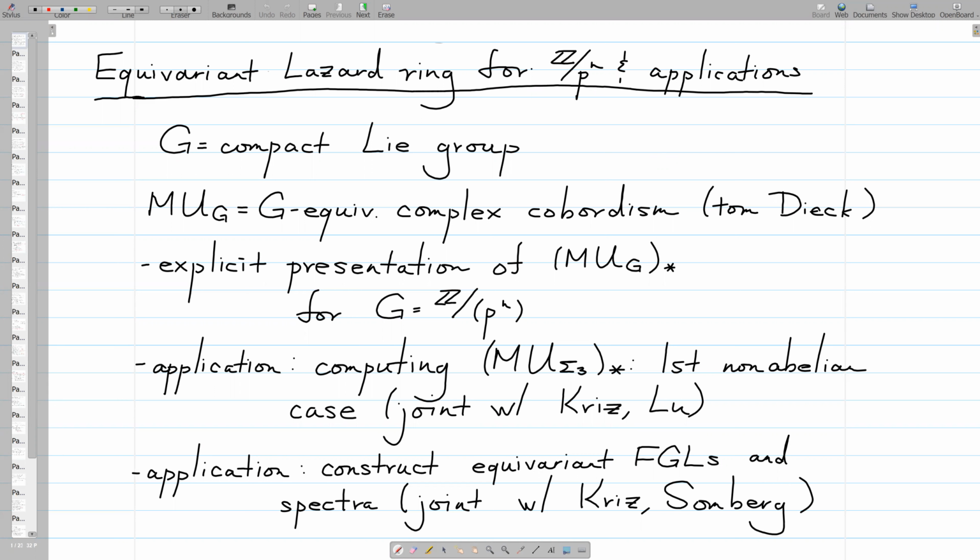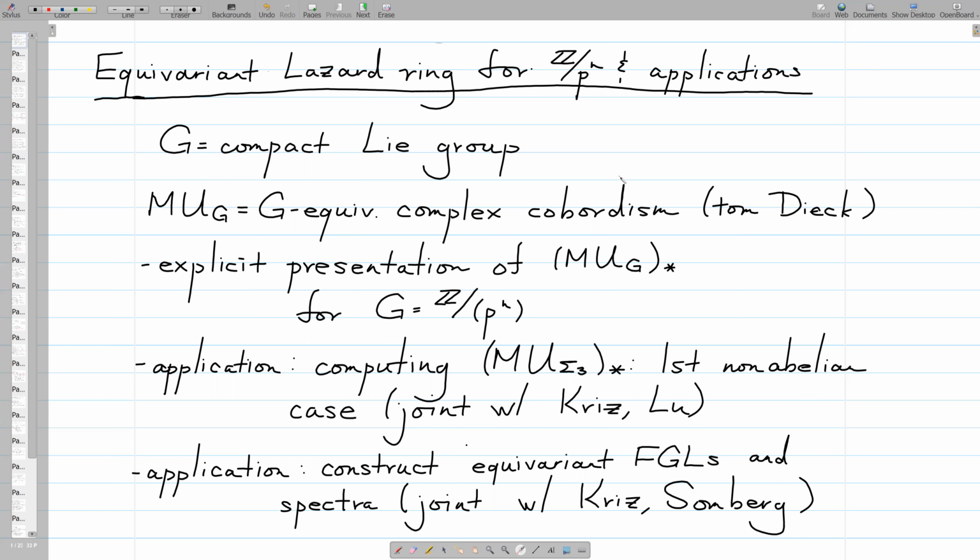To start with, it is actually the coefficient ring, the Z-graded coefficient ring of the equivariant MU, the G-equivariant complex cobordism spectrum, which was originally defined by Tom Dieck.